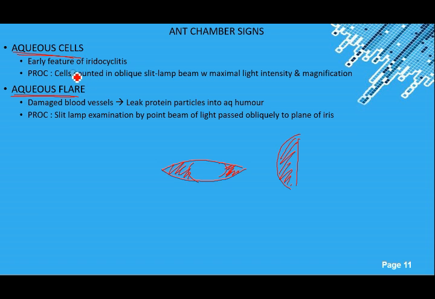These aqueous cells you can identify by slit lamp examination. The aqueous flare is also seen by slit lamp examination. Basically what happens is the blood vessels get damaged, and because they get damaged, they leak protein particles into the aqueous humor that give rise to the flare.